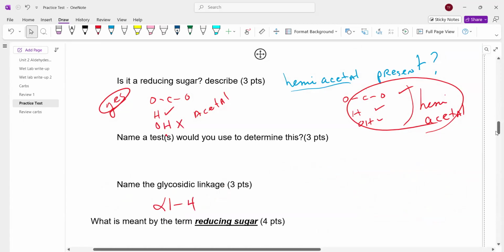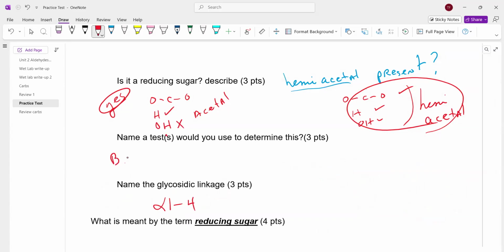What test would you use to determine this? I mean, Benedict's or Tollens? Okay, Benedict's uses copper +2, Tollens uses silver +1.